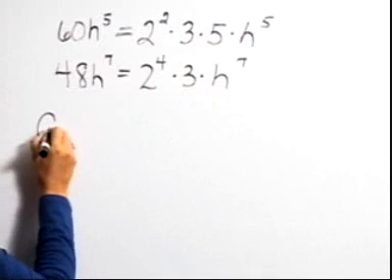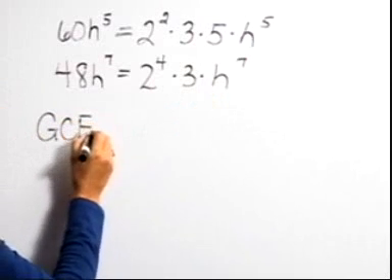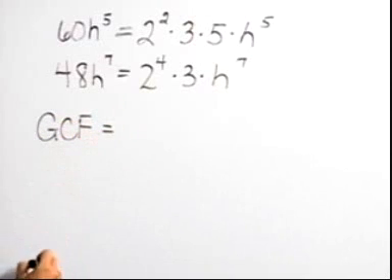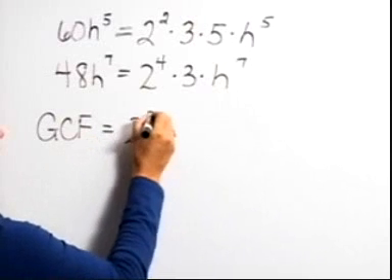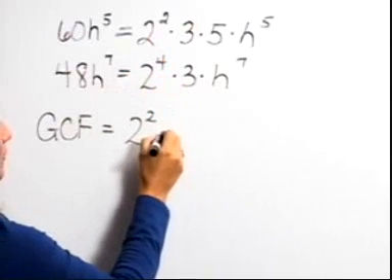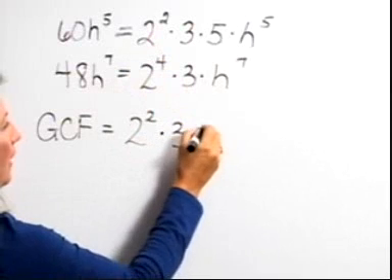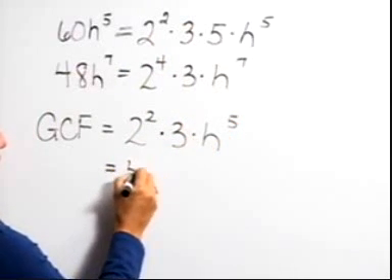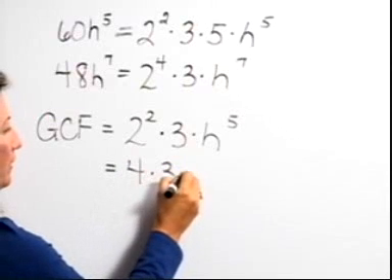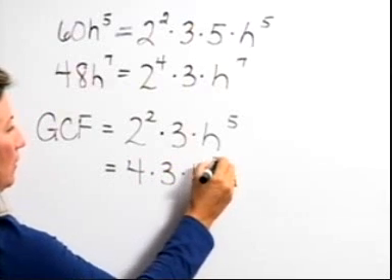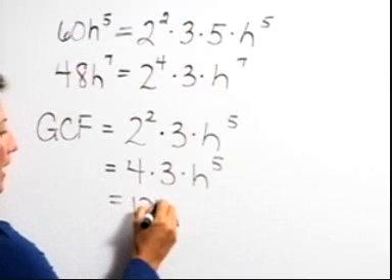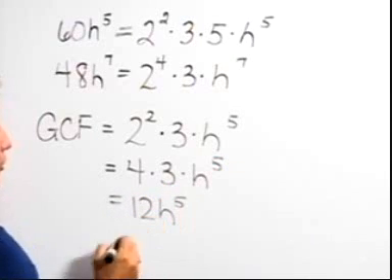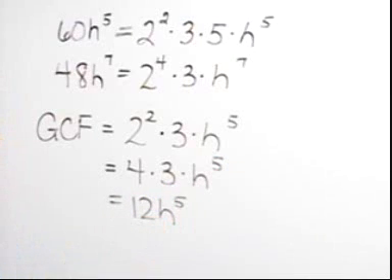Our GCF is the greatest number of common factors, which is 2 to the second times 3 times h to the fifth, or 4 times 3 times h to the fifth, which is 12h to the fifth. So our greatest common factor is 12h to the fifth.